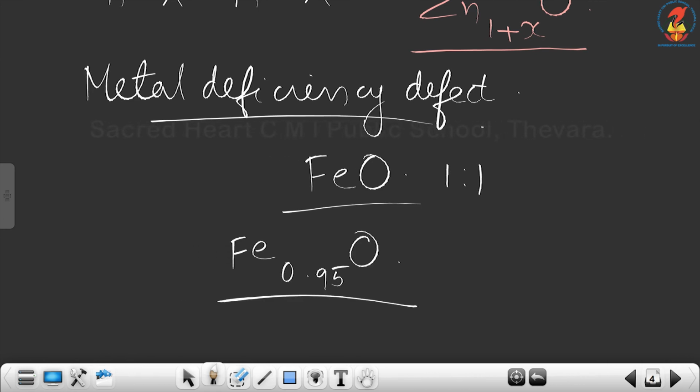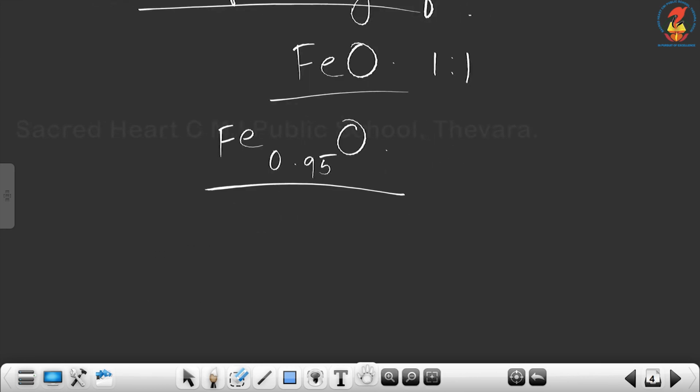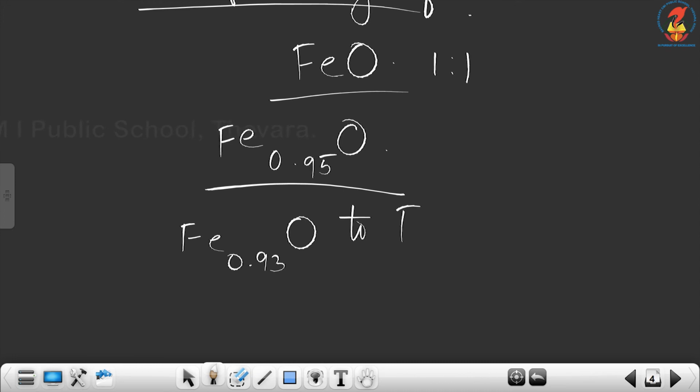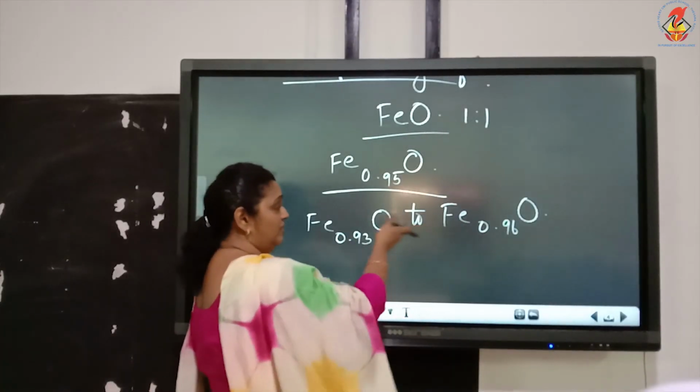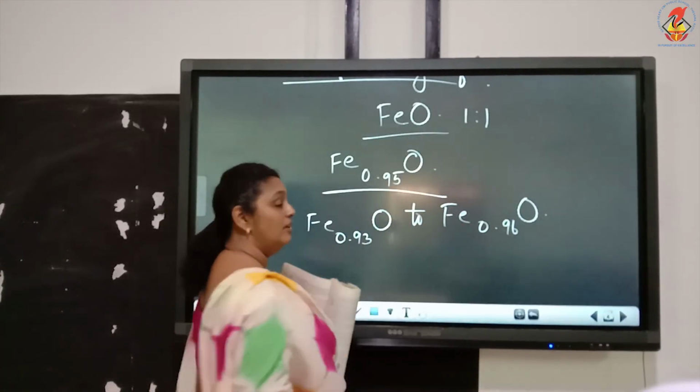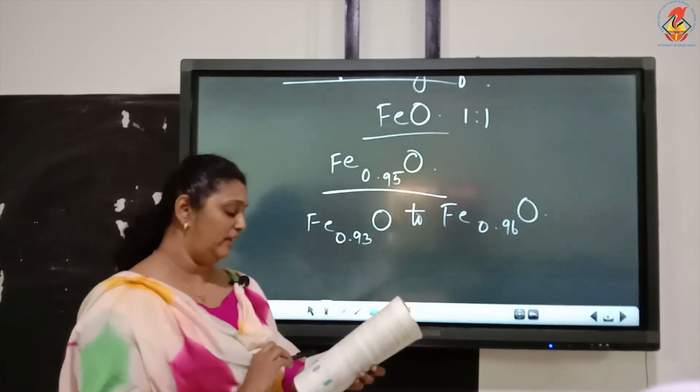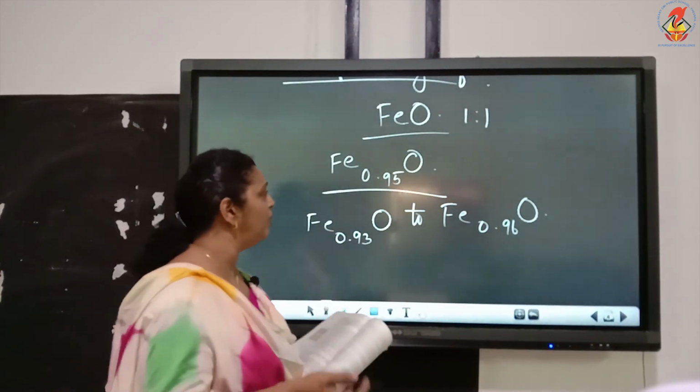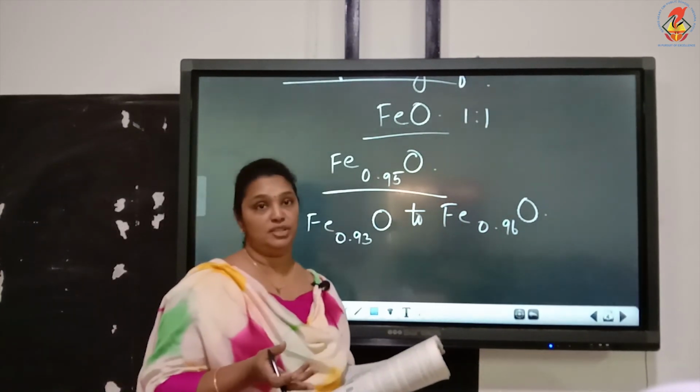This is the actual composition, or we can say the composition lies in the range of Fe0.93O to Fe0.96O. So, the actual composition is 0.95, but we say that it varies in this range, 0.93 to 0.96, which means that iron is in +2 oxidation state.